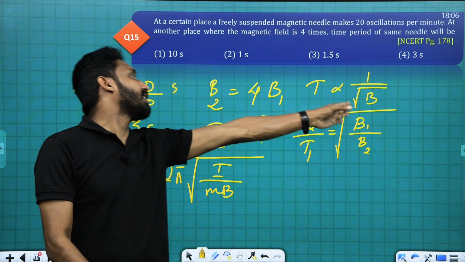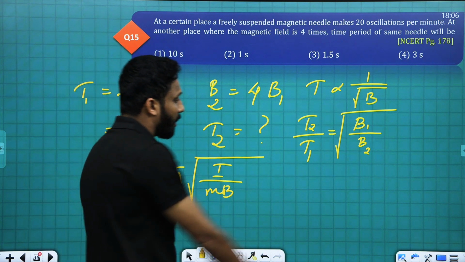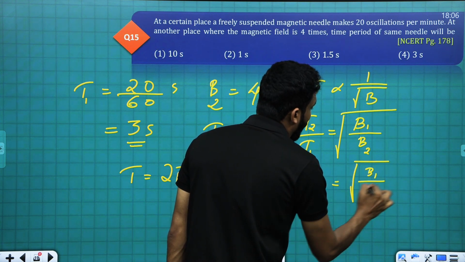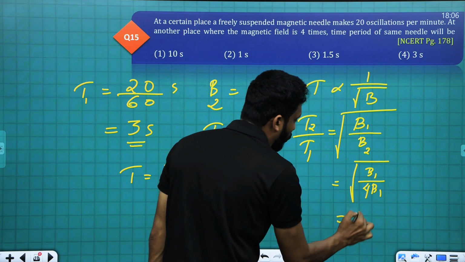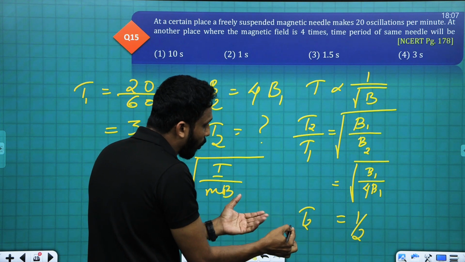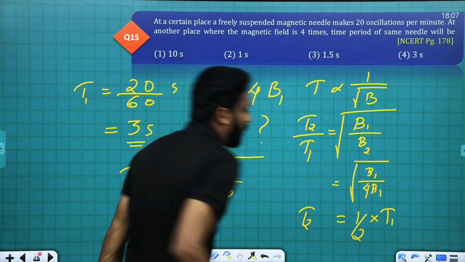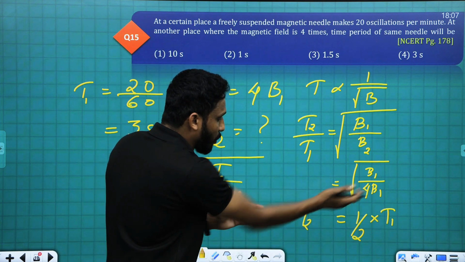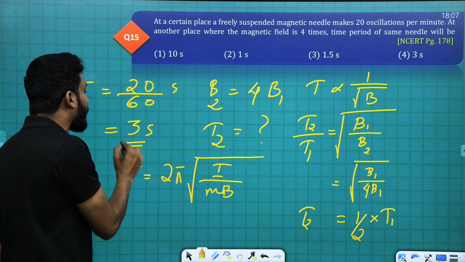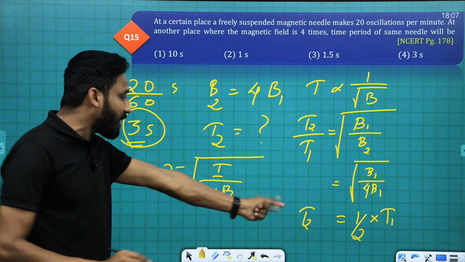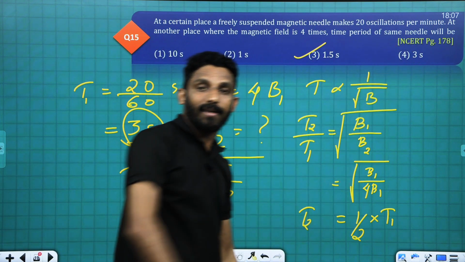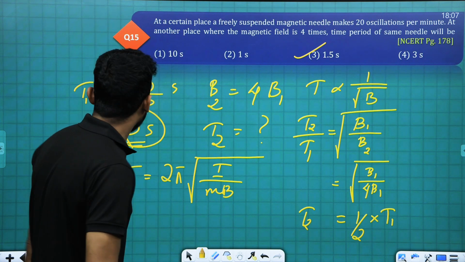This is equal to root of B1 divided by 4 times B1, that is 1 by 2. So T2 is equal to 1 by 2 of T1. And T1 is given as 3 seconds in the question, so T2 is half of 3 seconds, that is 1.5 seconds. Very easy.